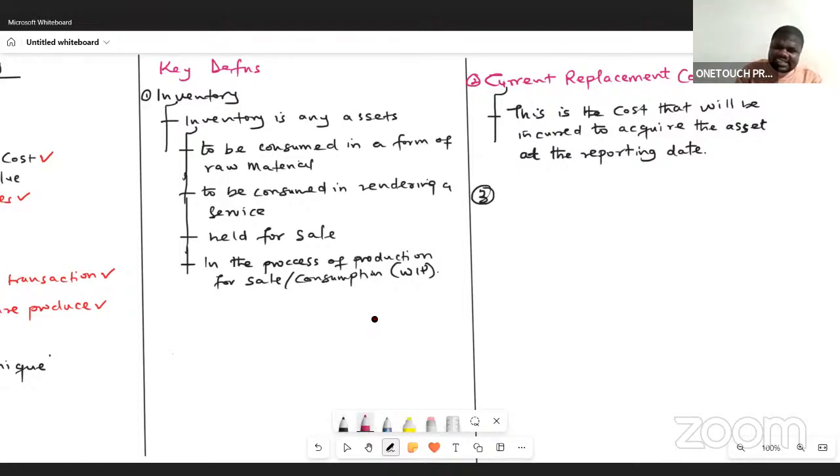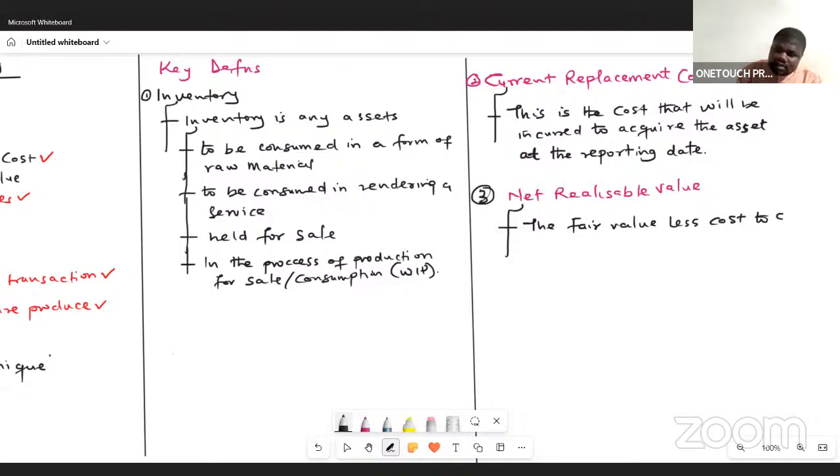So number three is net realizable value. We are saying that it is the fair value less cost to sell.